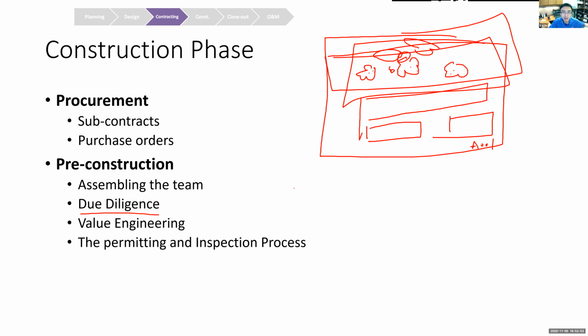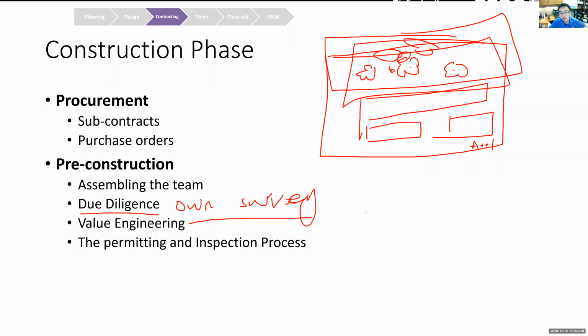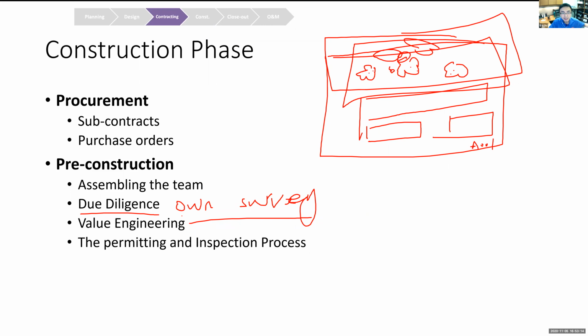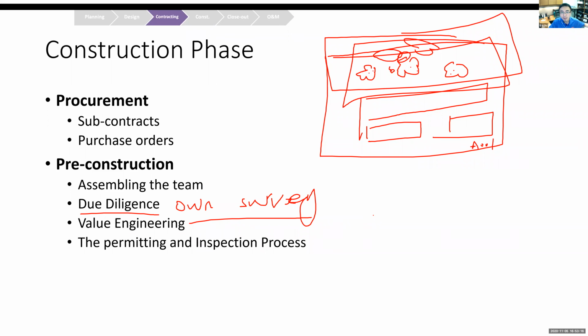And the other thing is, the survey company told us this is how much dirt you need to remove. But if you don't do your own survey, that is a problem. I also have this real world case. A general contractor was lucky.